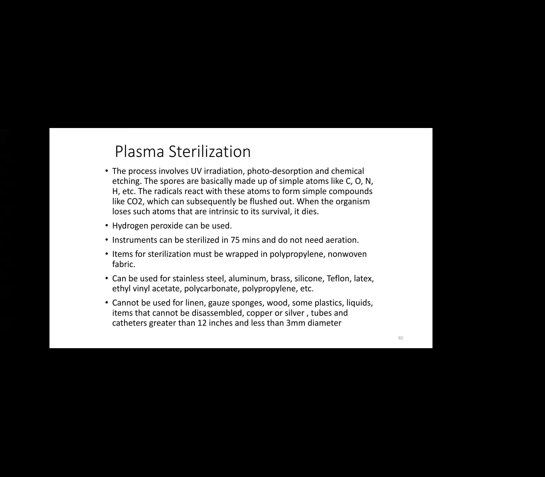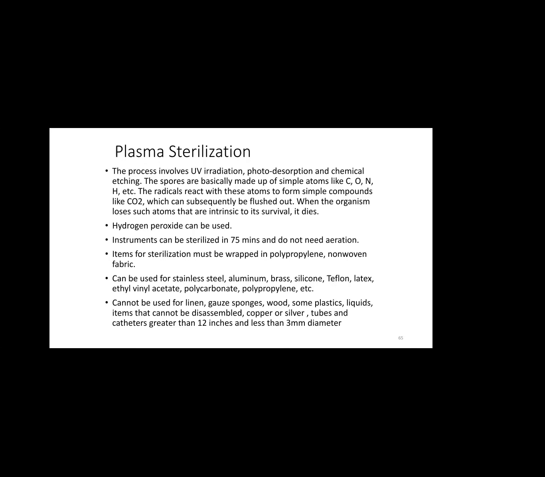Hydrogen peroxide can be used. Instruments can be sterilized for 75 minutes and do not need aeration. Items for sterilization must be wrapped in polypropylene and non-woven fabric. It can be used for stainless steel, aluminum, brass, silicone, Teflon, latex, ethyl vinyl acetate, polycarbonate, polypropylene, and so on.